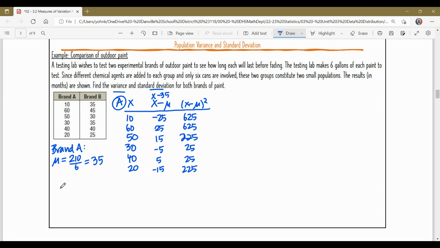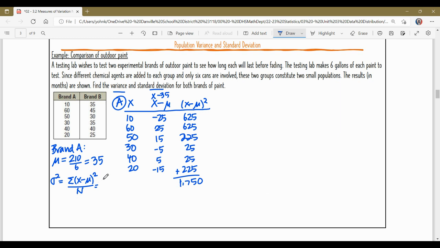Then the formula says for variance that you're going to take the sum of all the X minus mu's squared and divide by n. Well, I have the X minus mu squared values. I need to add them. So if I add this column of X minus mu quantity squareds, I get 1,750.